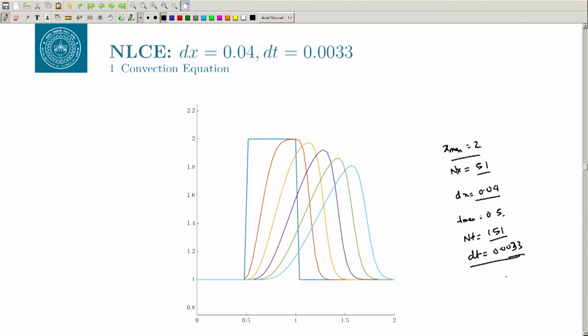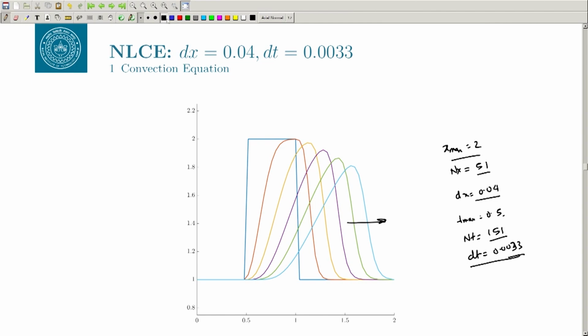You can see that our solution now is travelling to the right as we expect, but there is another important thing that you must notice, which was not there in the case of simple linear convection. What is happening here? You can see on the right hand side, this gradient is becoming sharper and sharper.